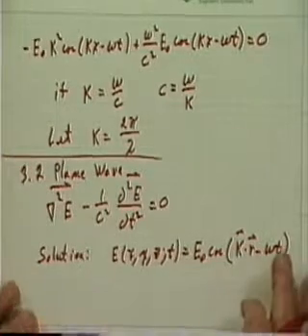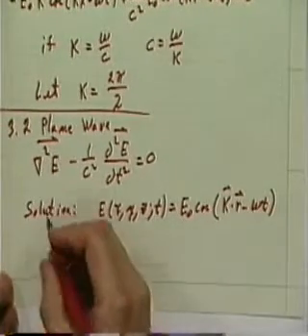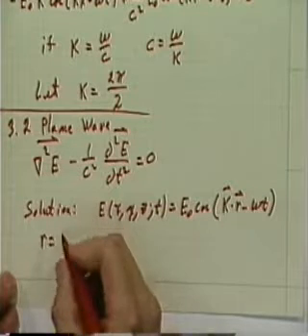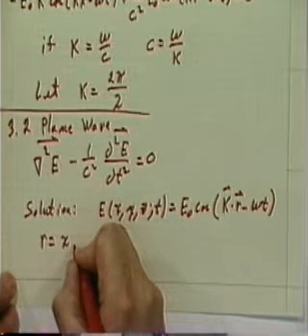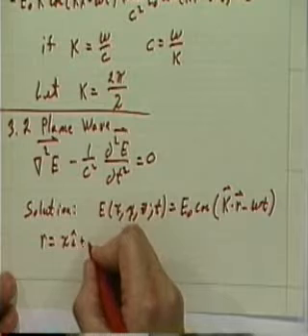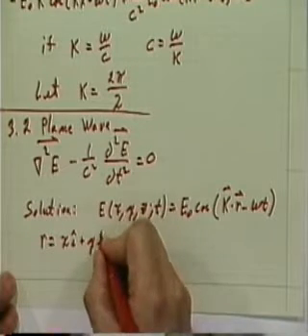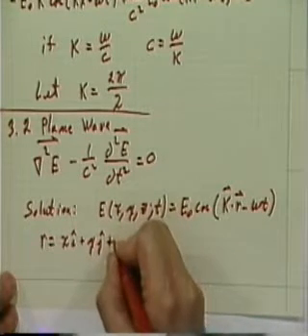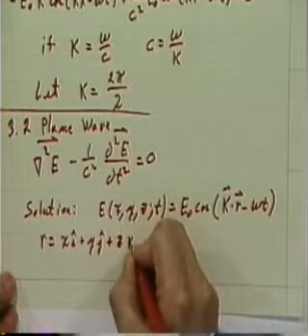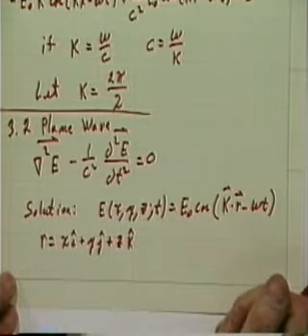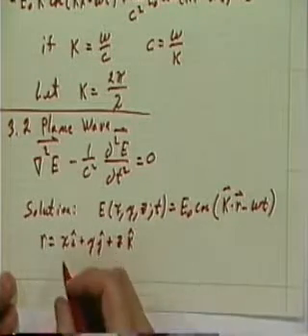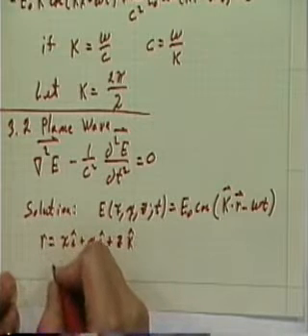And r here is going to be x unit vector in the x direction plus y unit vector in the y direction plus z unit vector in the z direction. And we're going to call this r here the position vector.